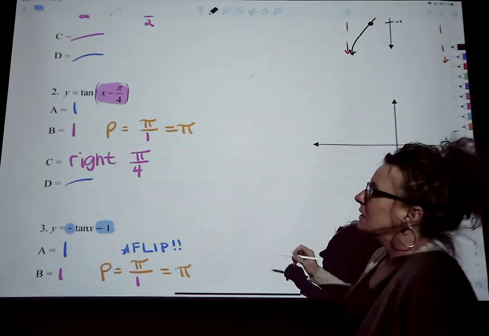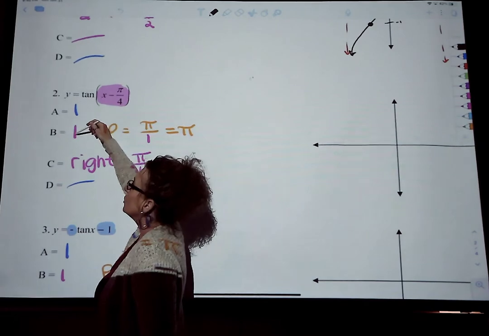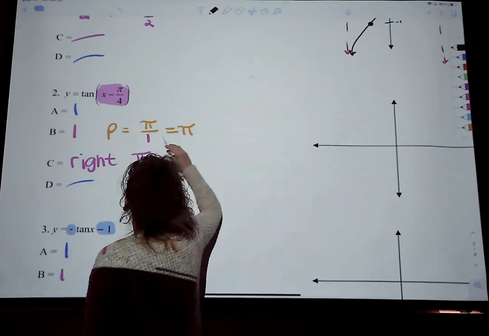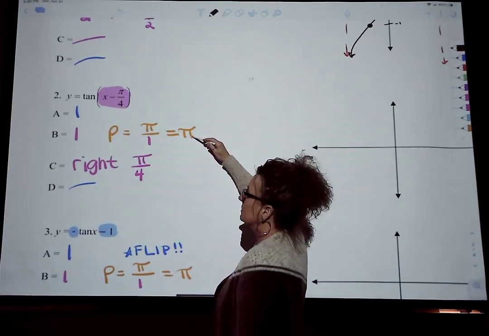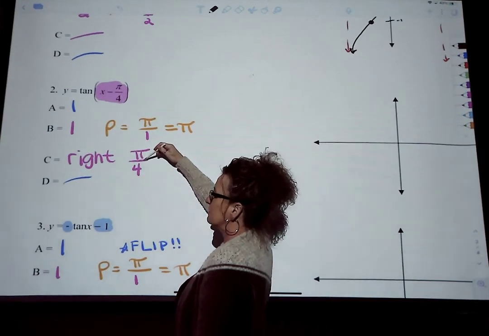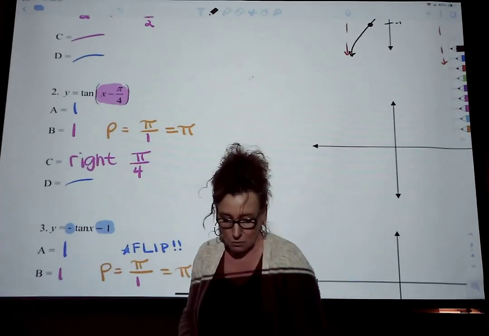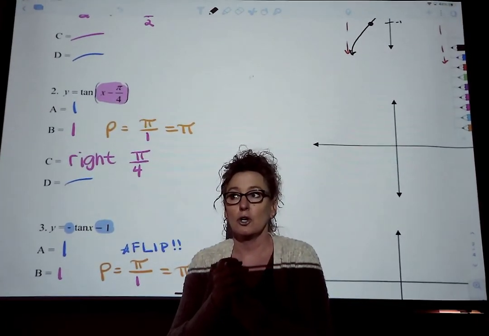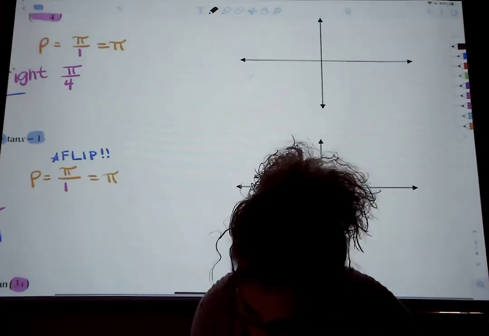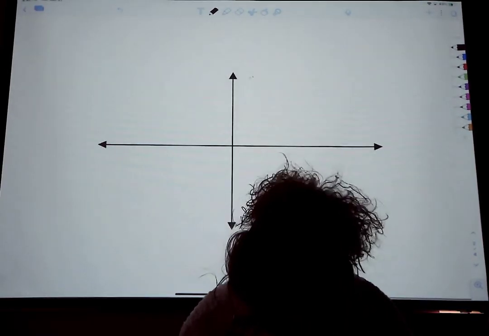Okay, next one, normal, normal. So my period is just pi, except we're going to have to shift it right pi over 4. So let me show you what a normal tangent graph would look like. Normally, you would do this.